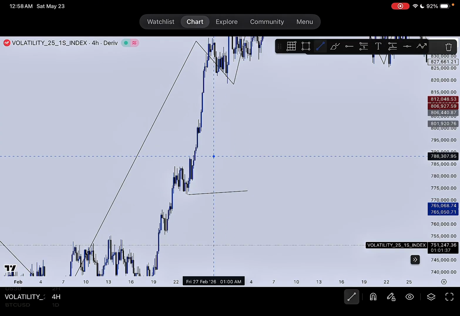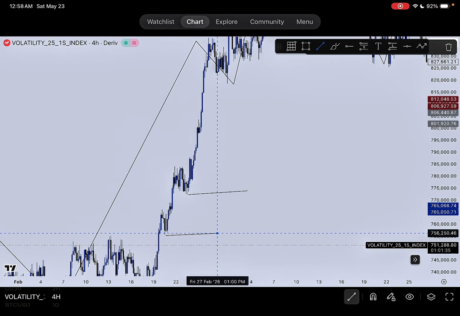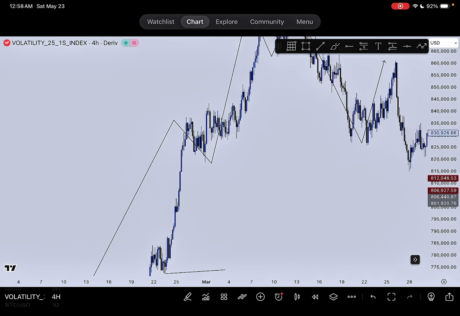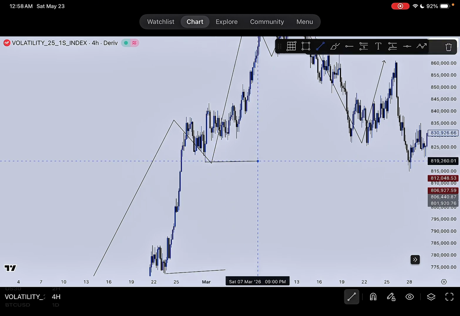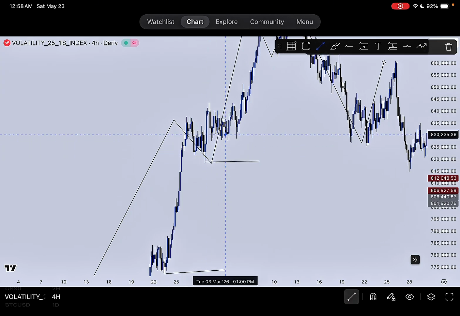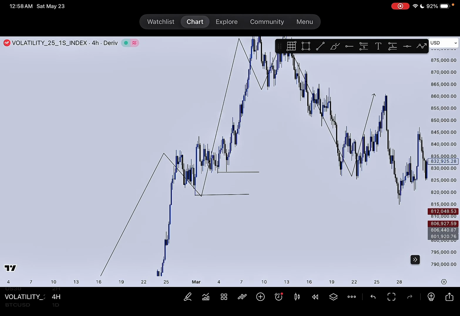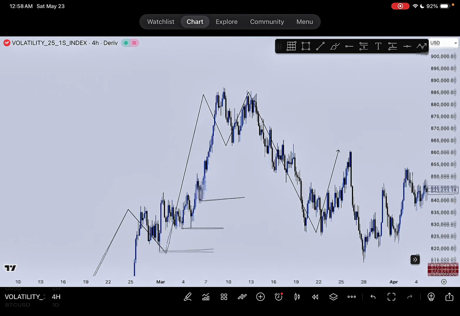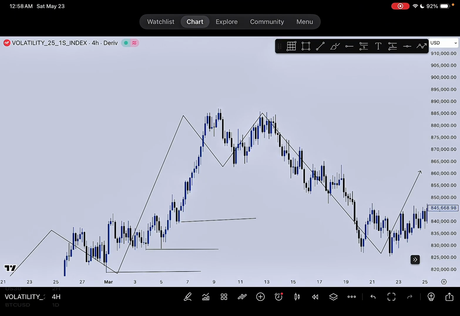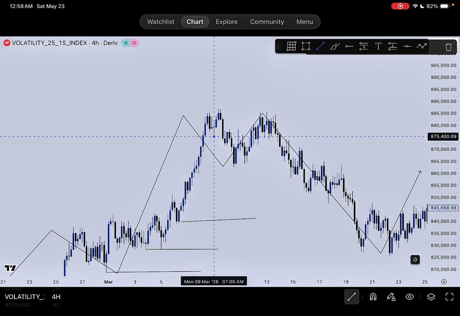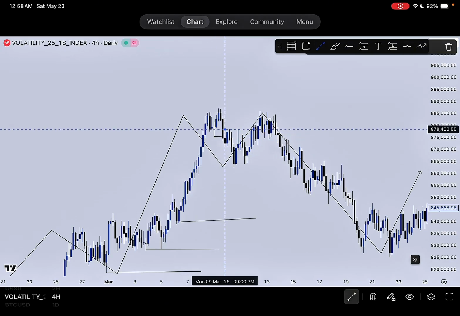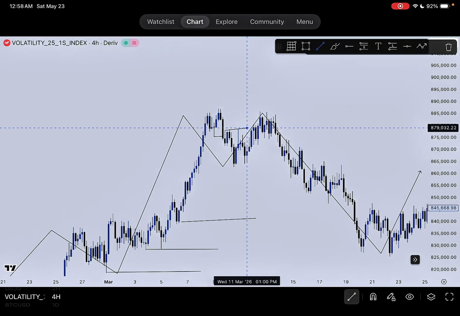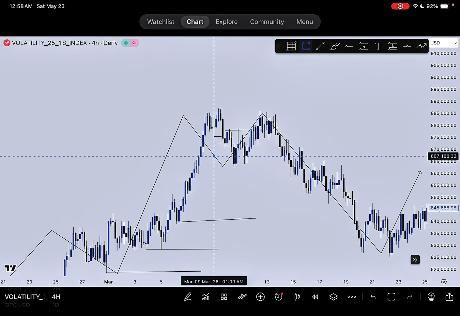All these lows that the market was giving us, you can't call them MSS. They were not broken until this particular one, this tiny MSS. Then the market gave us a pullback, which is our inducement, before reacting from this zone.